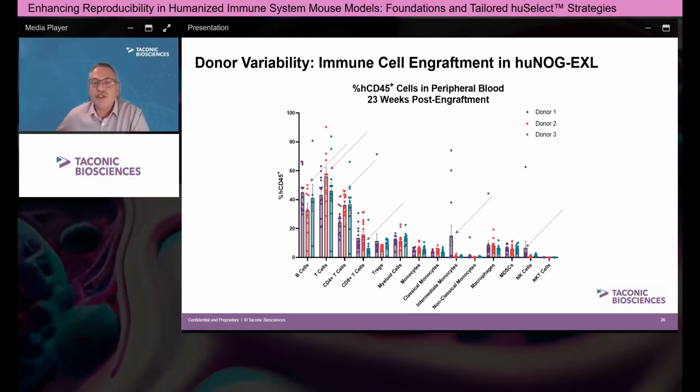So how do you deal with that? One question was, can we engraft animals with aliquots of the same donor to eliminate that genetic variability between donors and see the same type of engraftment, the same cells present, or at least the same performance of the engraftment?